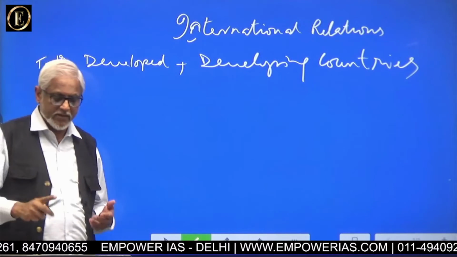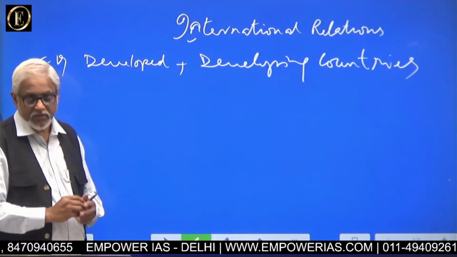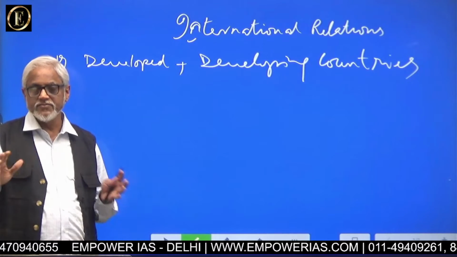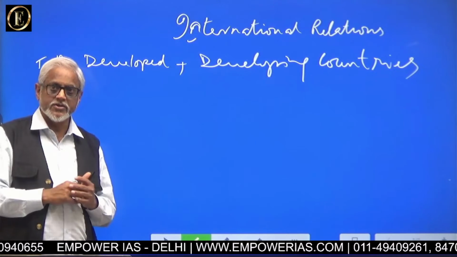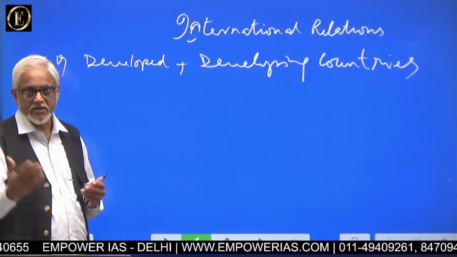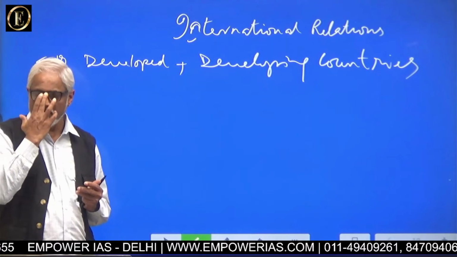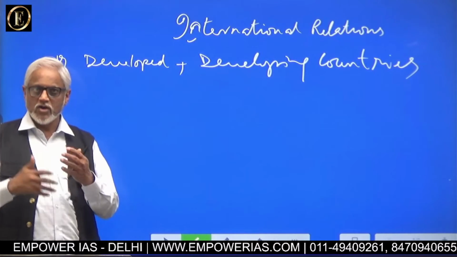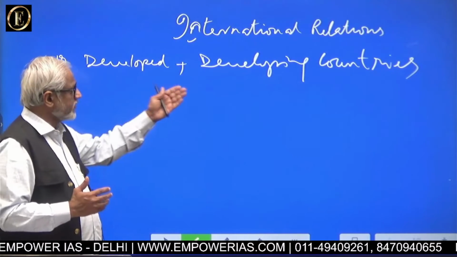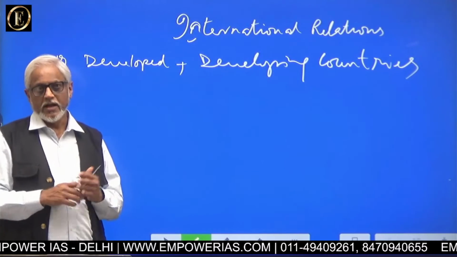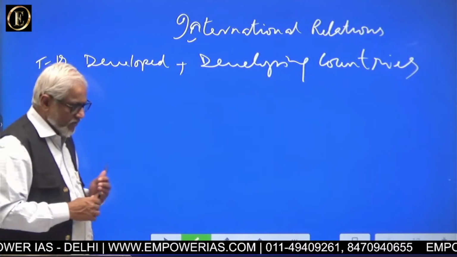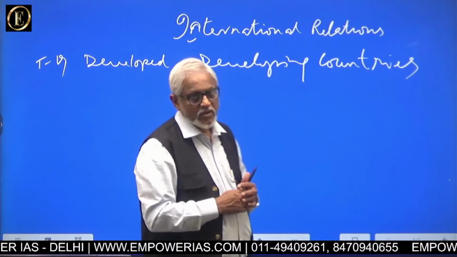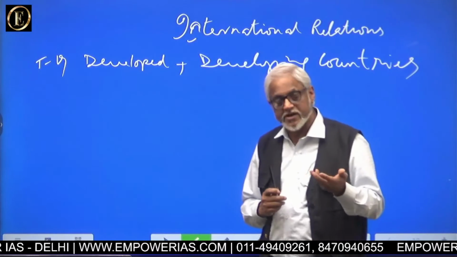You might be seeing that India is maintaining a balance in its relationships between the developed countries, those who are industrially advanced, in one form, and also with the developing countries in another form, like for energy security, for international security, for defense preparedness.